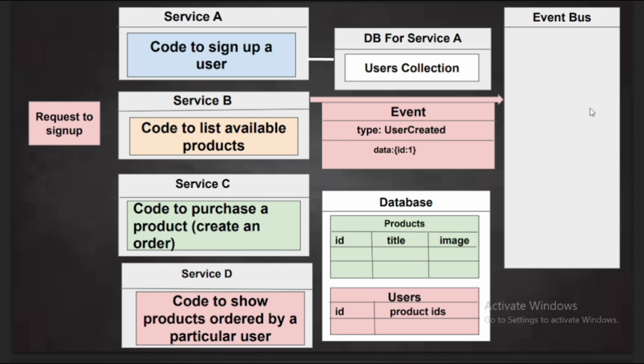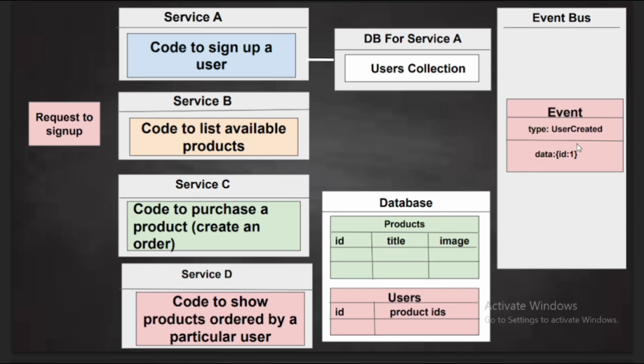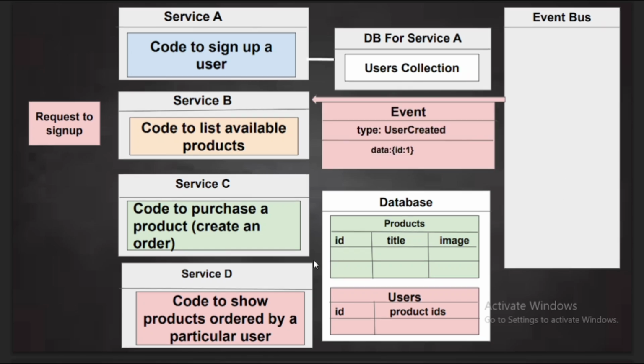Maybe it would look something like this, with a type of user created and a data of the ID of the user created. So once again, this event would flow over to our event bus and along to service D. Inside of service D, we would have some code to interpret this event.